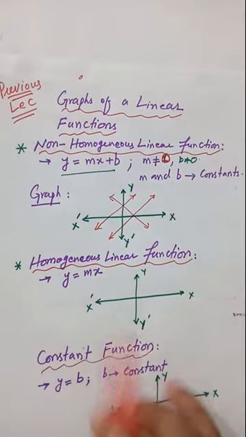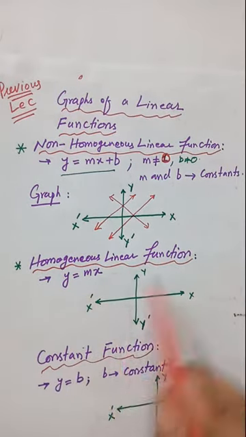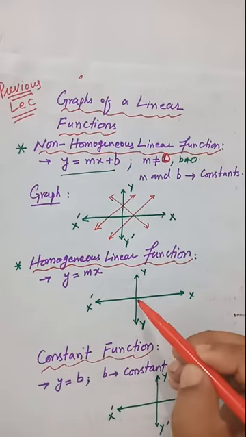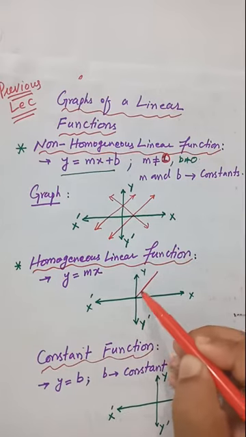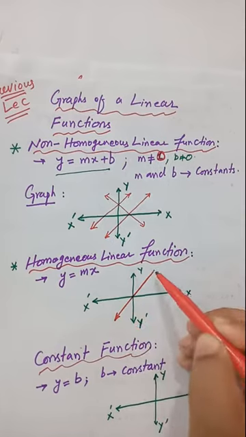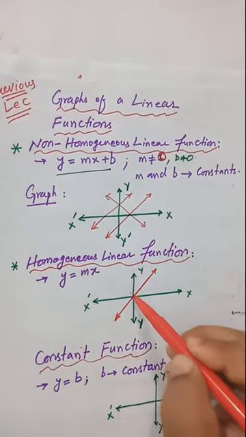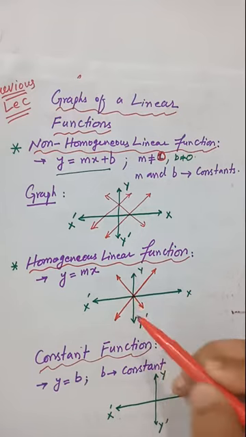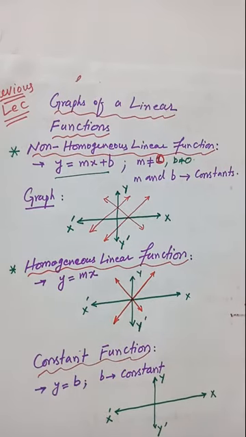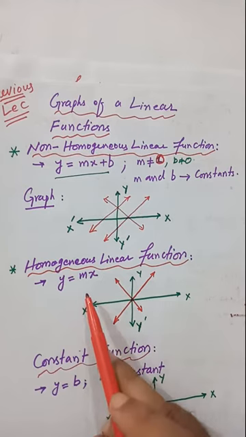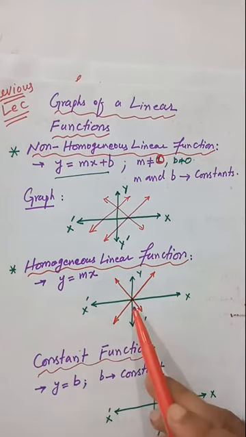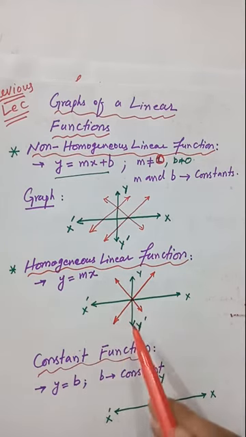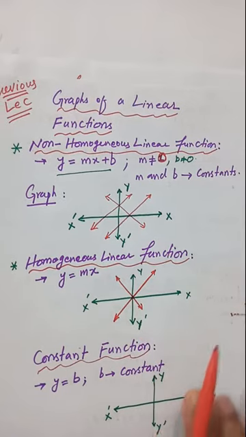When b becomes 0, the equation becomes a homogeneous linear equation, and the graph of such a linear equation will always pass through the origin. It may pass in this direction, it may pass in this direction, but the point you need to remember is that the graph of a homogeneous linear function will always pass through the origin, meaning its x-intercept and y-intercept are always at the origin.